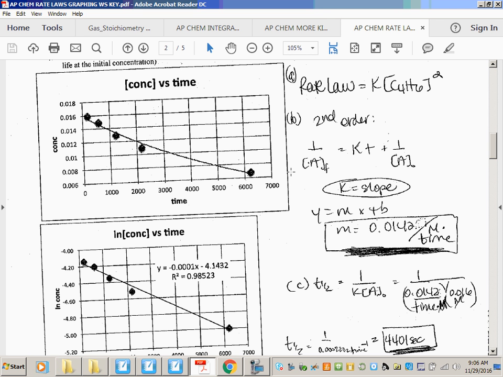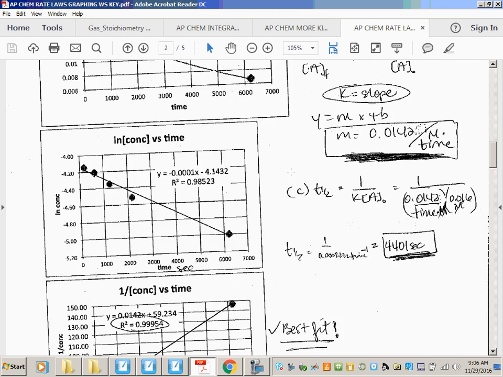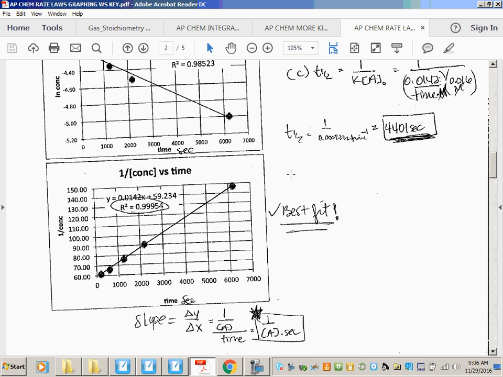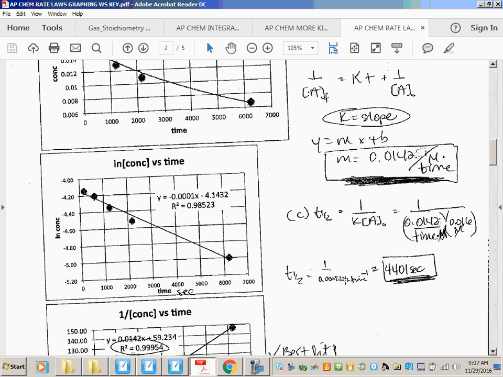The slope was given to you where on these graphs? You don't have to calculate your own slope, right? It's given to you in the y equals mx plus b format. So that would be your slope, 0.0142. But your job is to establish the correct units for this.